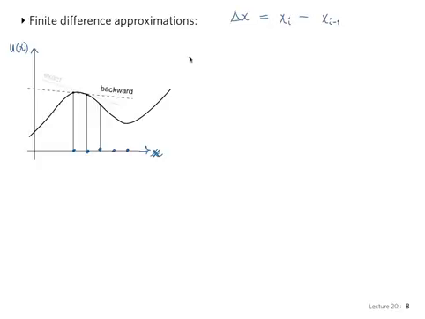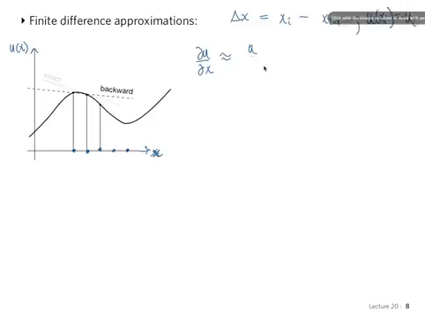The backward difference approximates the slope, the u dx, by using u at xi minus, so let's write u at xi, we're going to use the notation just ui, to make it shorter.